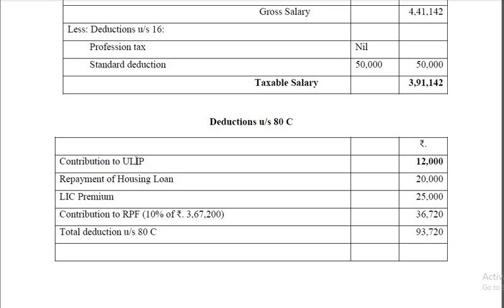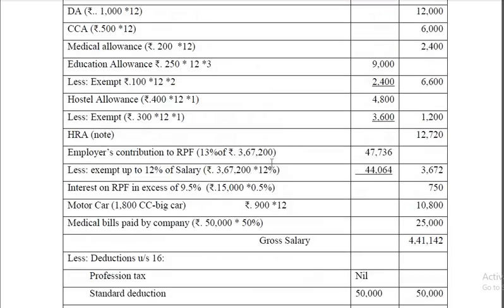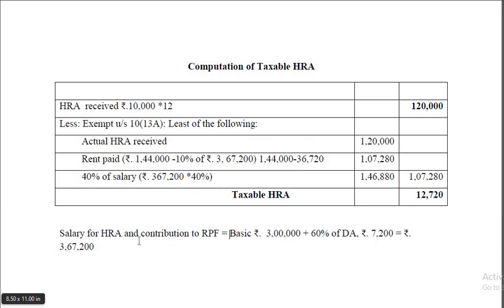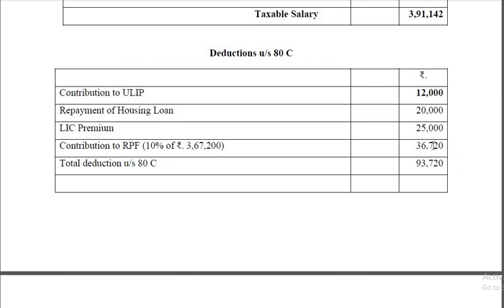Next, contribution deductions under 80C. I have already mentioned this. Contribution to ULIP 12,000. Repayment of housing loan 20,000. LIC premium 25,000. Contribution to recognized provident fund, 10% of 3,67,200, which is 36,720.